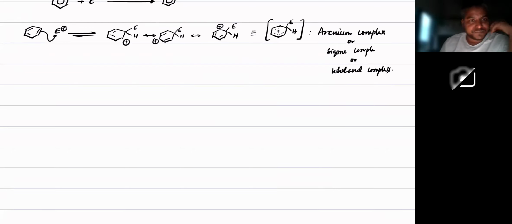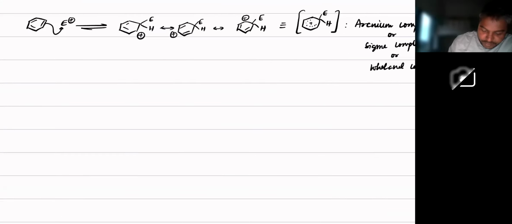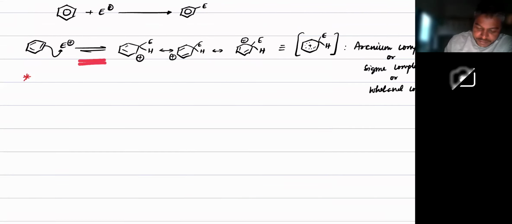What is the important point we need to understand from here is that if you need to increase the stability, because the formation of this step itself is the rate determining step. This is the rate determining step. And what is the second step here?